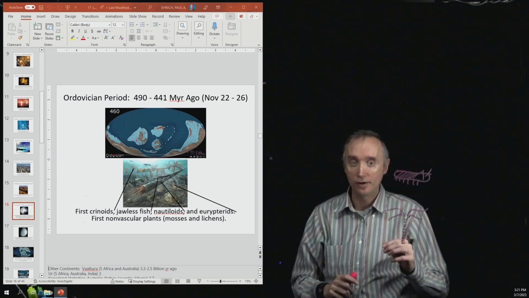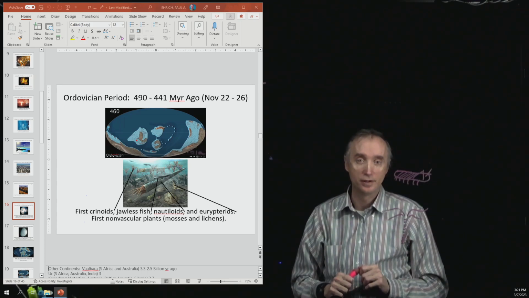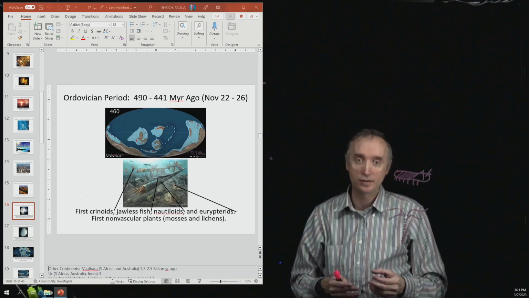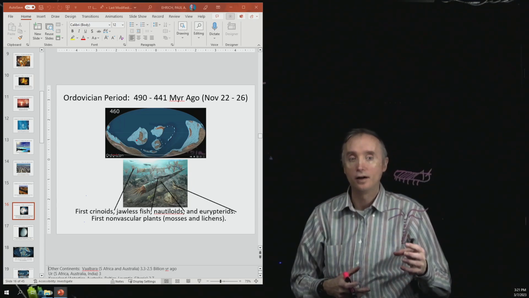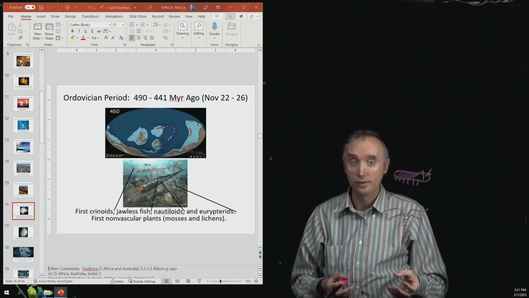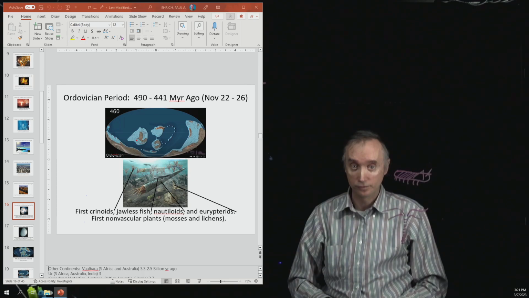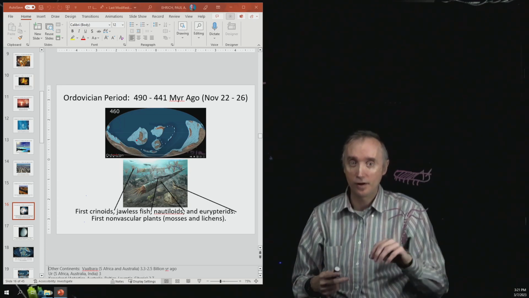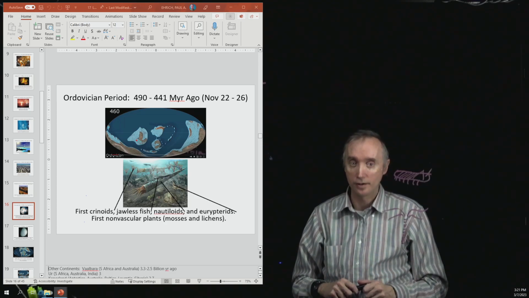So they like very moist environments. So the first kinds of plants that could have existed out of the ocean had to be near the water in order to be able to survive. And the same thing with the animals. So everything was staying very close to the shoreline.